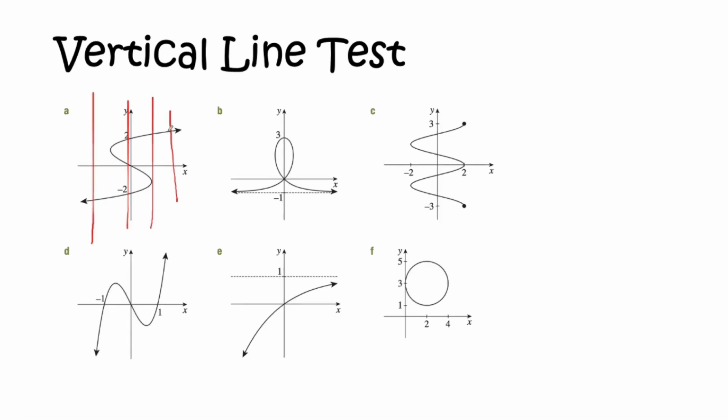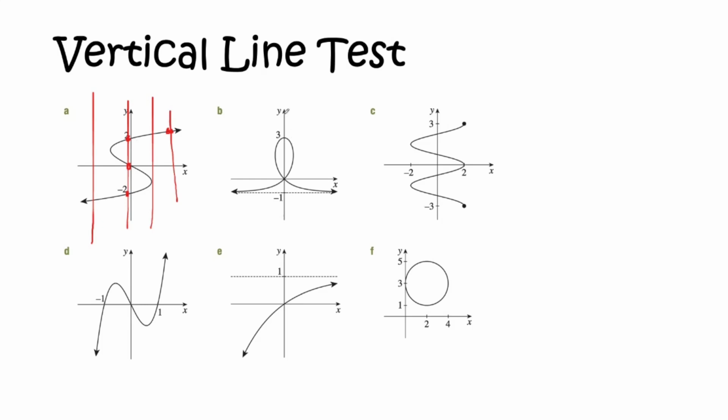So if I look at here, it's intersecting the graph at only one spot. So is it a function? Well, the answer is no, because if you look here, it's intersecting the graph at more than one point. So that is not a function.